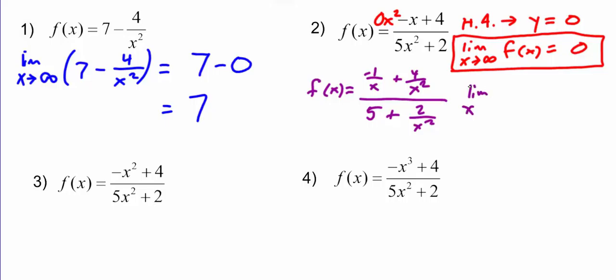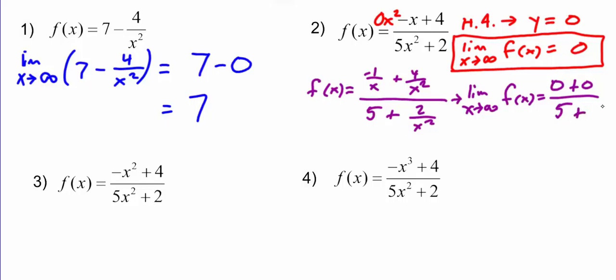So the limit as x approaches infinity of our function, and I'm not going to rewrite it all, but what happens is 1 over x becomes 0. This is what we talked about. When you have division by a really big number, it's getting very close to 0. 4 over x squared is also 0. And the denominator, 5, is just simply 5. x has no impact on that number.